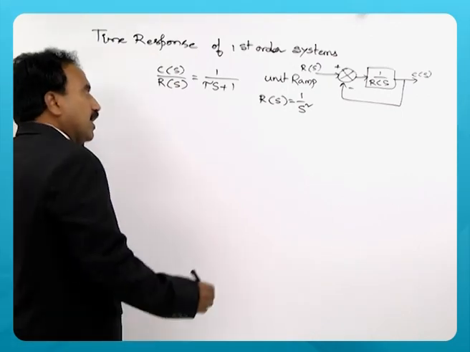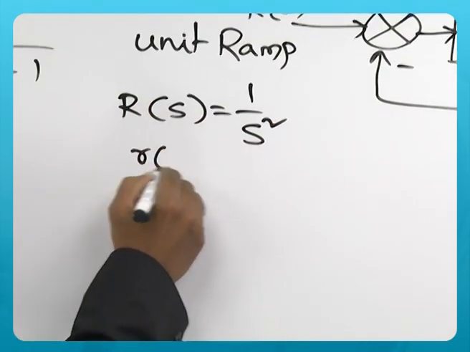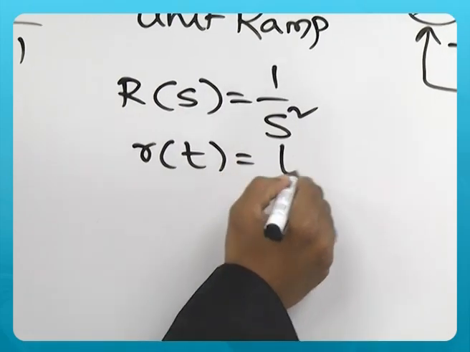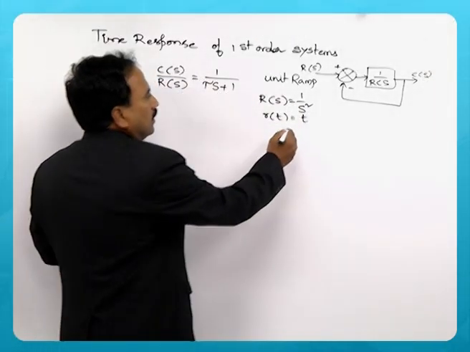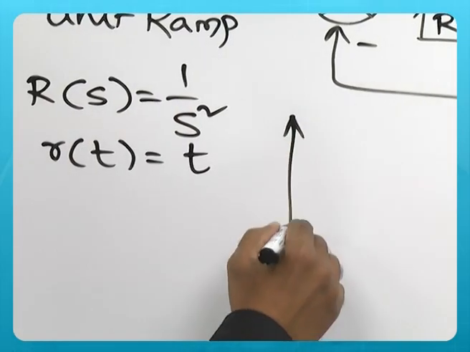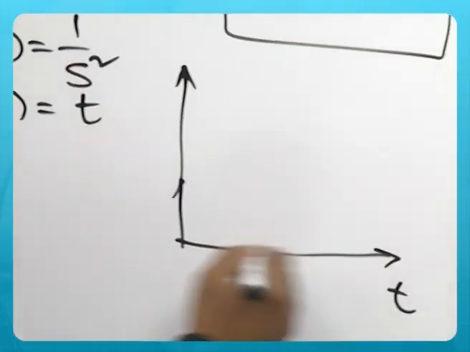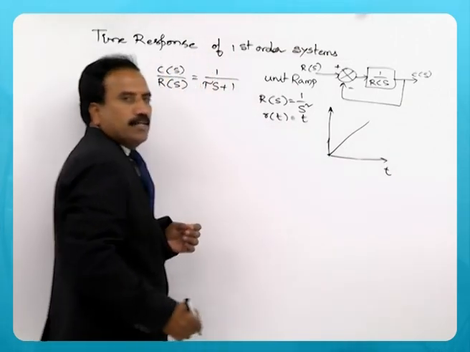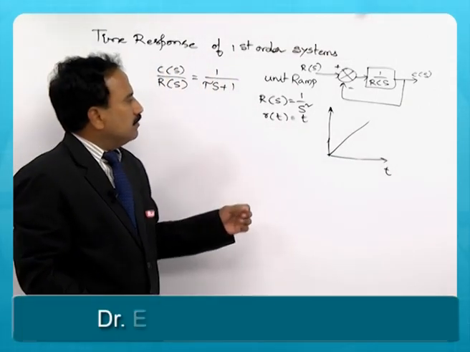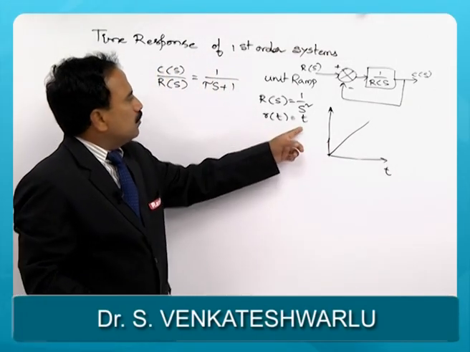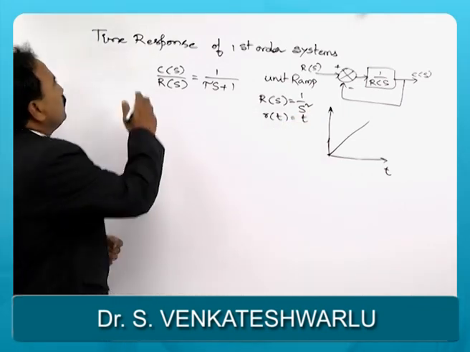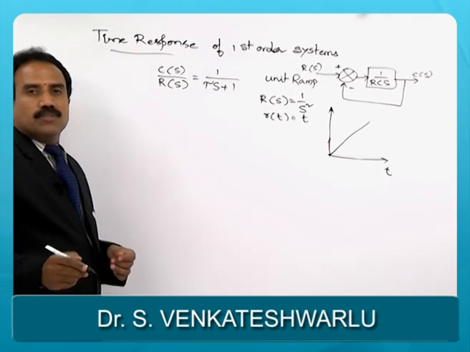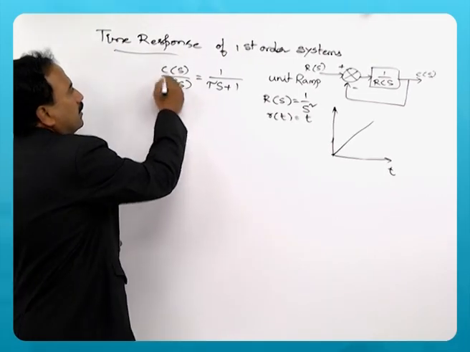As you know, the ramp signal is represented by r(t) equal to t, unit ramp. This signal, as I just now explained, varies linearly, and its Laplace transform is 1/s^2. So, as usual, I want to get the time response, means C(t).